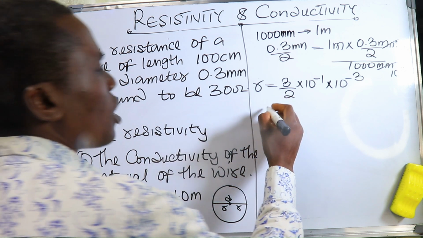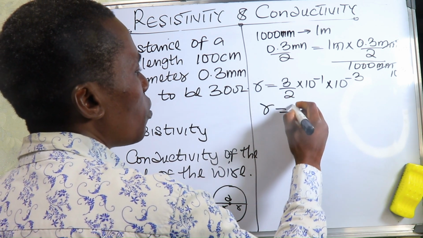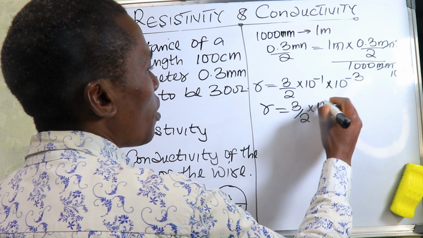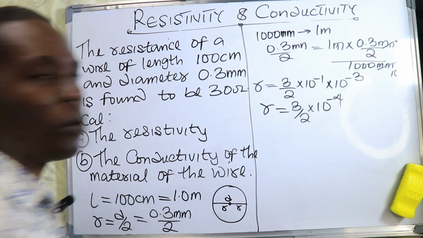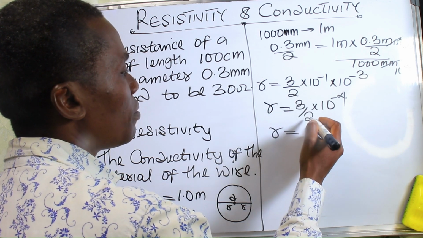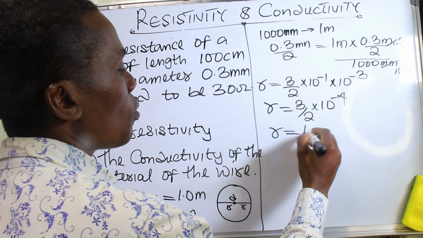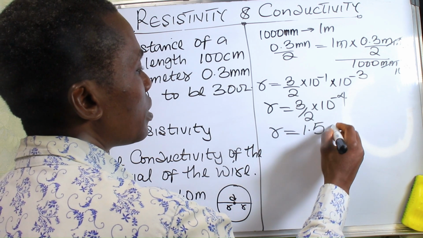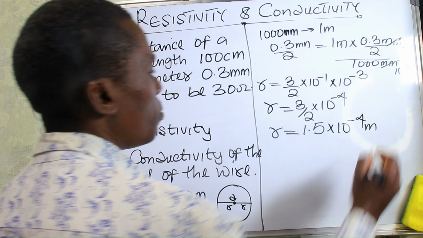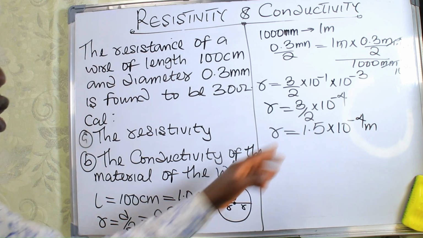So our radius will be equal to 3 divided by 2 times 10 to the power of minus 4. From here you will see that the radius is equal to 3 divided by 2, which gives 1.5 times 10 to the power of minus 4 meters. So we have the radius.